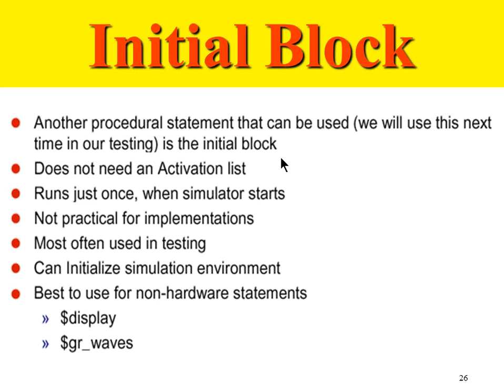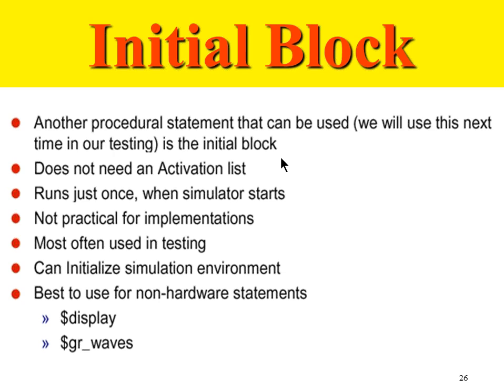Like if one and one, then the output should be one. But the initial block should define the actual circuit, like this is the adder, and then the always block defines the behavior of the adder, how the adder should behave.